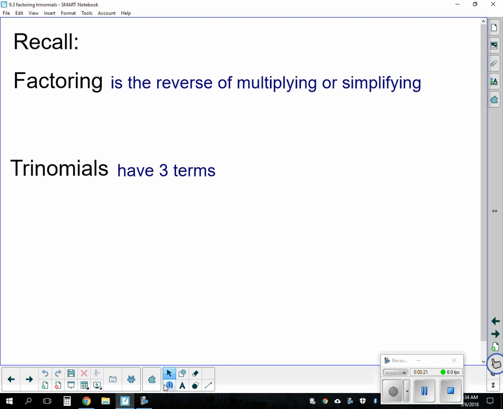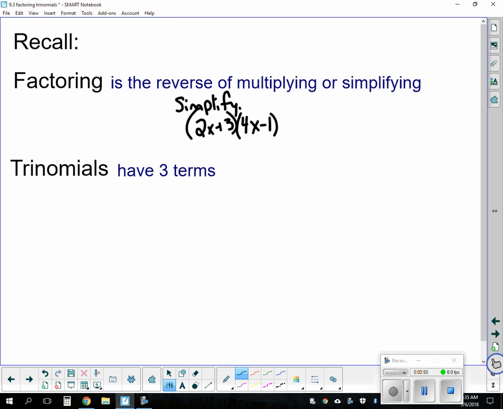So previously we have had problems where we were told to simplify, and maybe you had something like this.